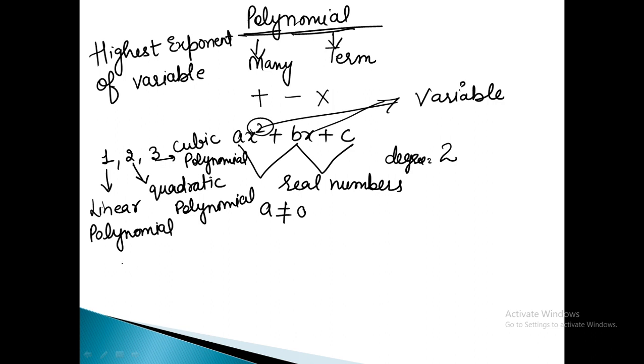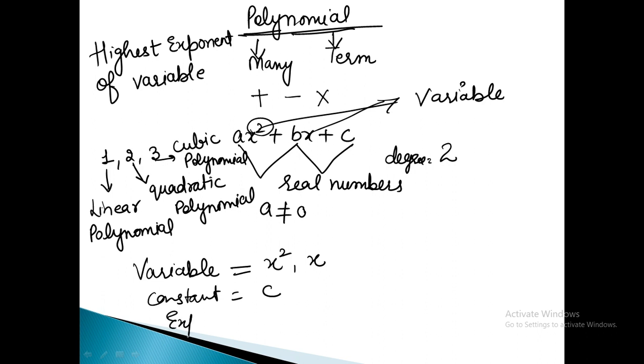And a polynomial can have terms which have constants like 3, minus 3, 5, minus 2, etc. And here we can say the variables are x square, x, the constant value will be c, and the exponent is equal to the power of the variable.